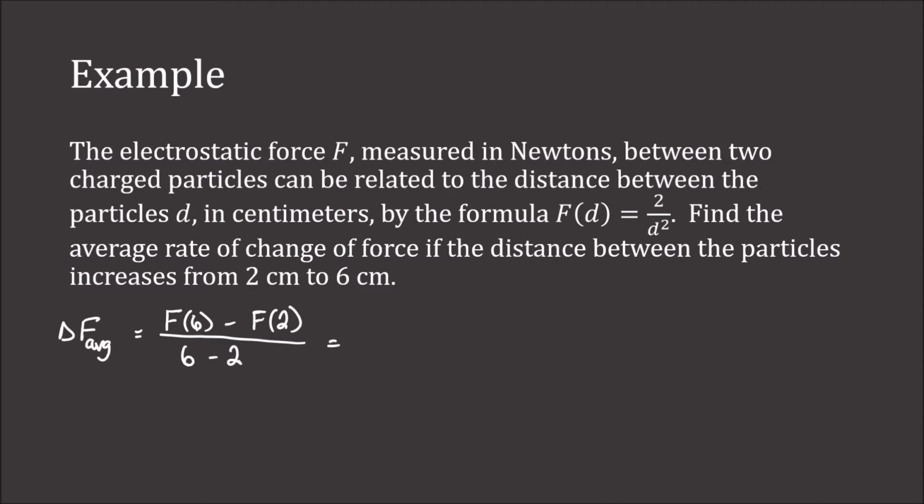Well, now we have to use this. So f of 6 would be 2 over 6 squared minus f of 2, which would be 2 over 2 squared, all over 4.